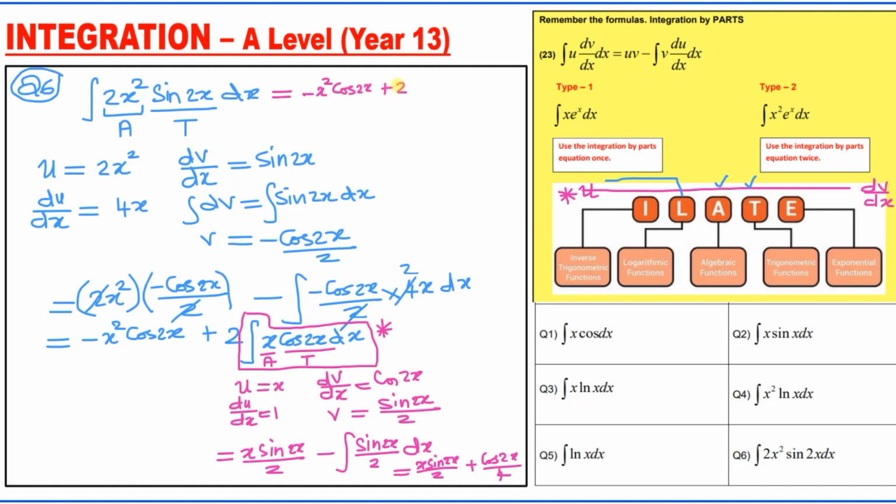Plus 2 times, it's going to be x sine 2x over 2 plus cos 2x over 4, plus c, right? And that is the answer. You can expand the bracket and leave it as long as you understand the concept, how the things work, and that's it. So that is the end of the integration tutorial series.